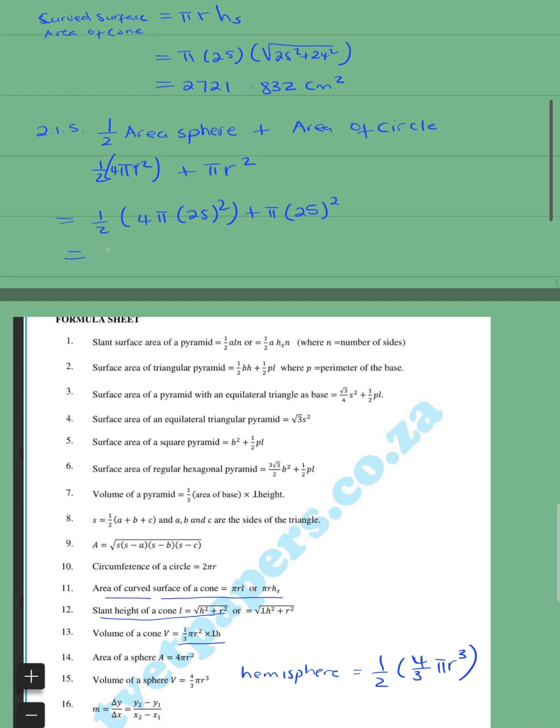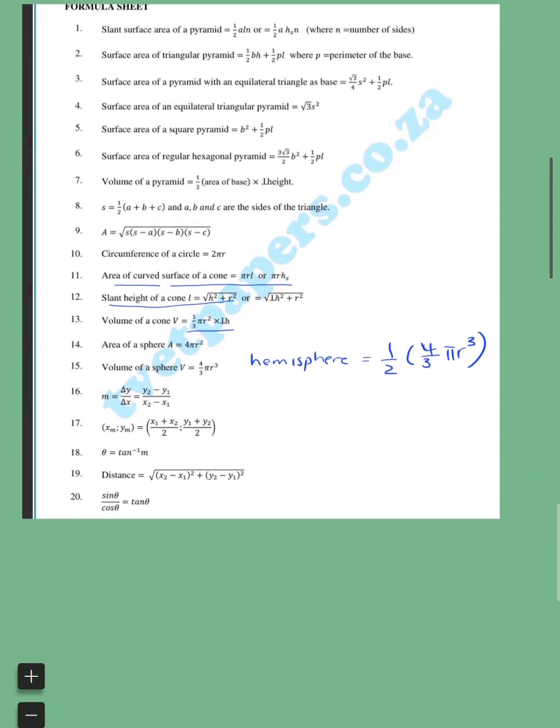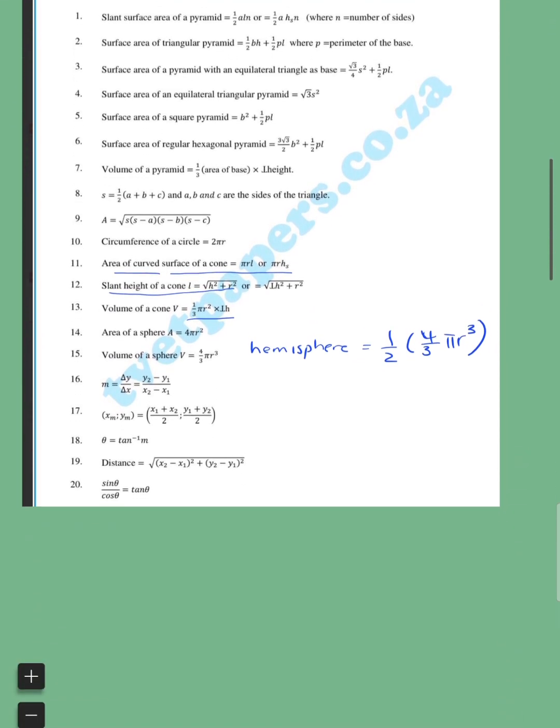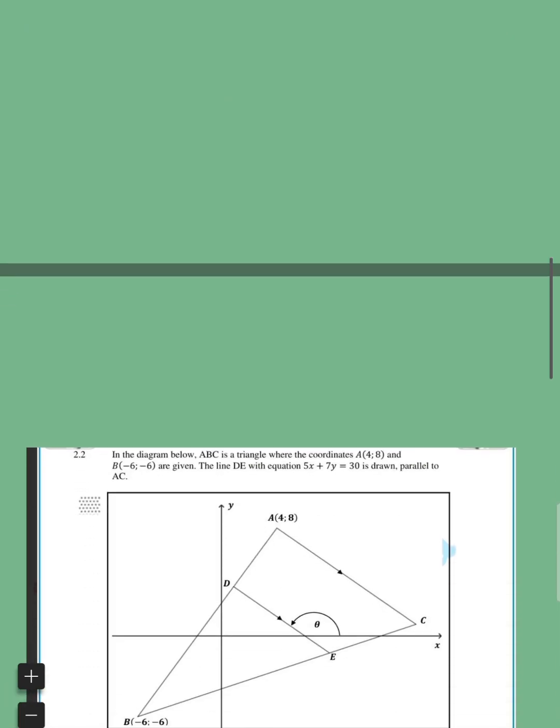All right, when we calculate that, we get a value of 6,870,663 centimeter squared. All right, that is done. Awesome stuff. Now we are going to go straight forward.